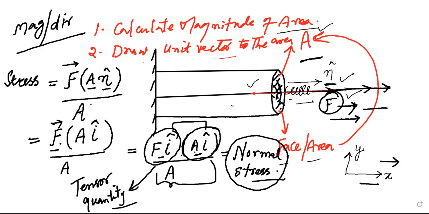Okay, let's go ahead. Let me redraw my area element right now. Let's suppose we have a machine element, fixed at one end and subjected to force F at its free end, as we had previously.